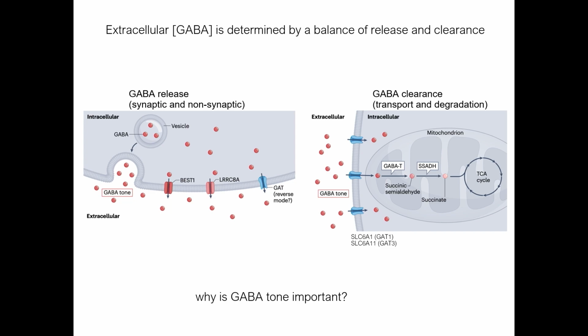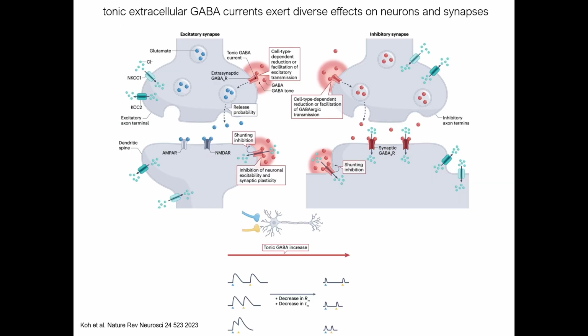So why is the tone of GABA, or the extracellular level of GABA, important? I'm not going to go through all the details of this slide, but the basic idea is that there are really complex actions of tonic, or ambient, GABA on neurons in the brain.